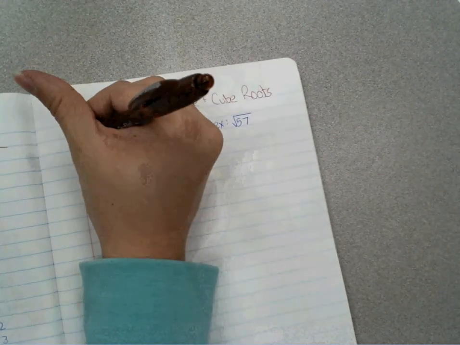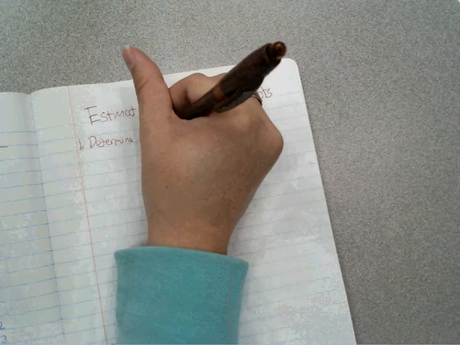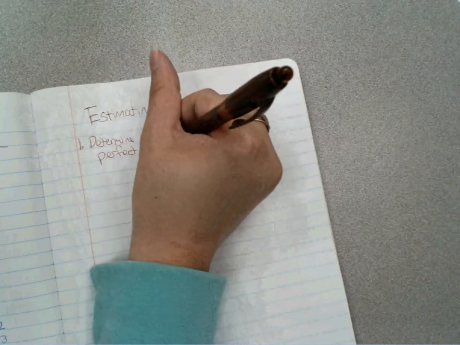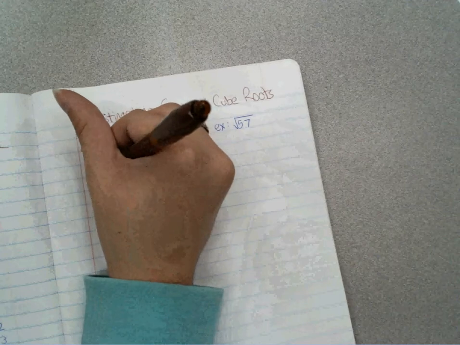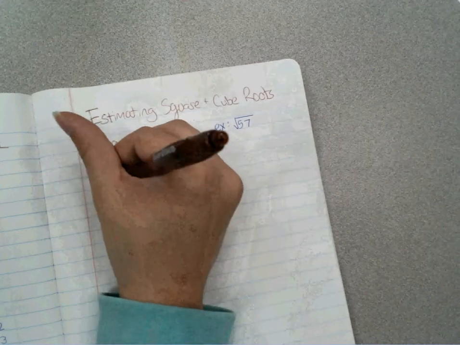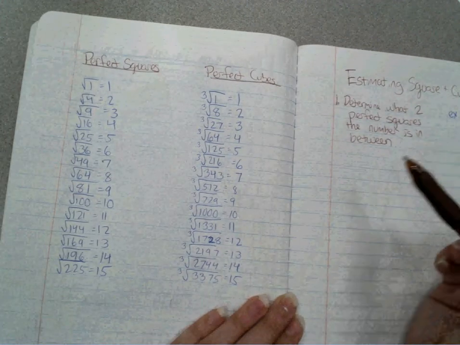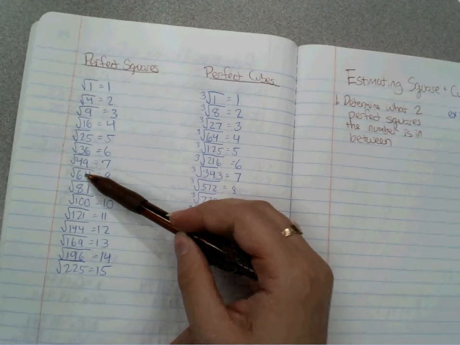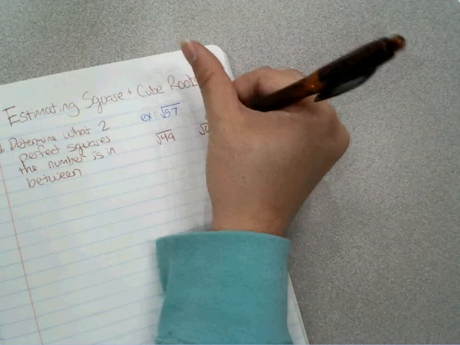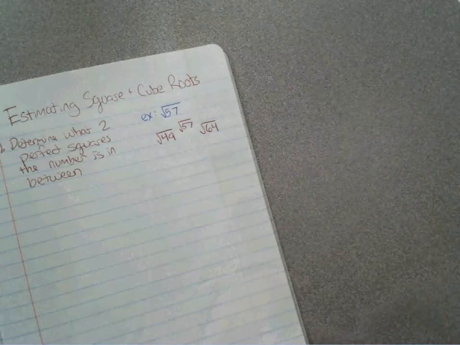First thing you want to do is determine what two perfect squares the number is in between. So here, 57, if we go back to our perfect squares, is in between the square root of 49 and the square root of 64. So we can just say square root of 57 is somewhere in the middle of those two.